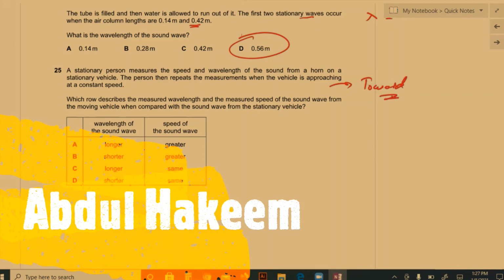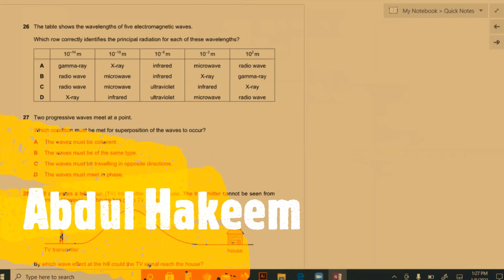So when the source of the sound moves towards the observer, the frequency observed increases, the wavelength decreases, and the actual speed of the sound remains the same. The question is, which row describes the measured wavelength and the measured speed of the sound wave from the moving vehicle? The wavelength will decrease and the speed of the sound will remain the same. So the answer is D, according to the Doppler effect.